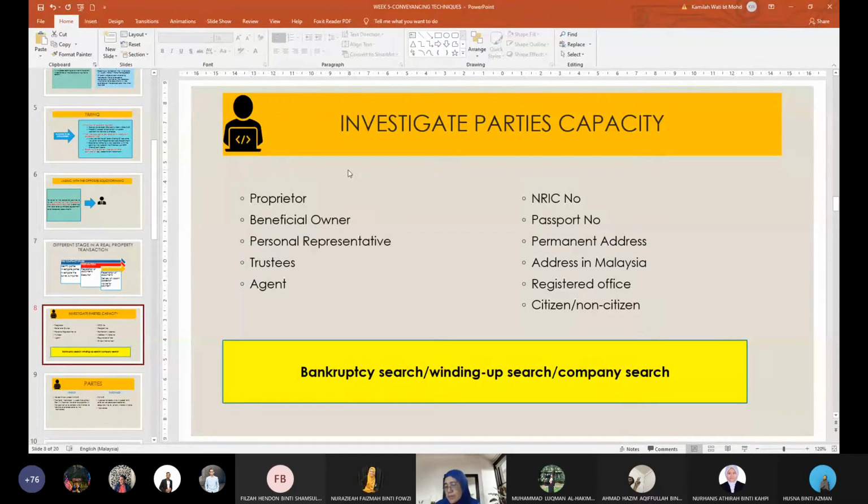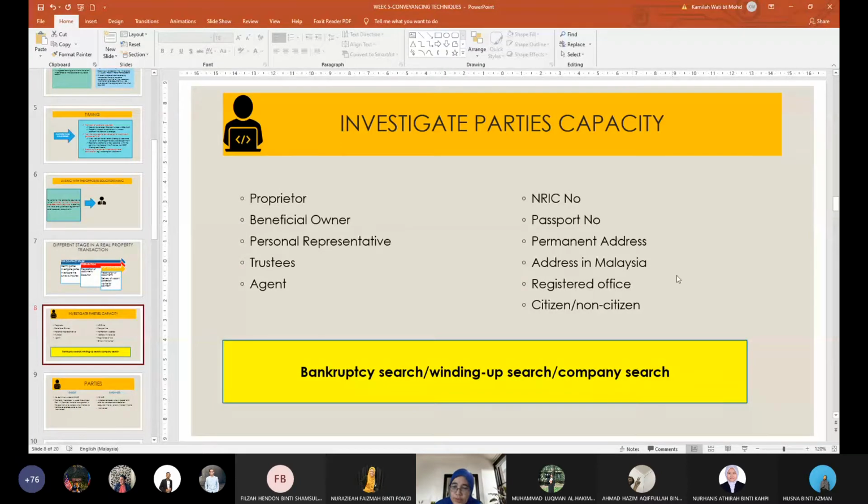So sometimes orang yang enter into this transaction ni dia bukan pemilik yang sebenarnya. Pemilik yang sebenarnya mungkin dia adalah representative to an estate. Mungkin juga dia adalah trustee dan dia mungkin juga adalah agent, meaning he got a PA from the real owner to sell the property. So all this we have to investigate.